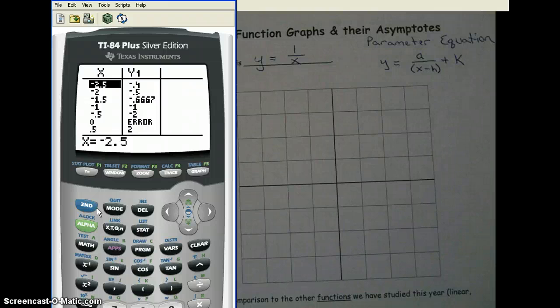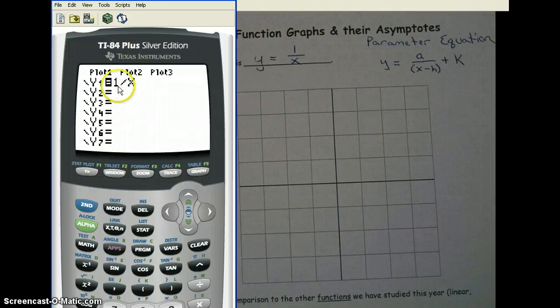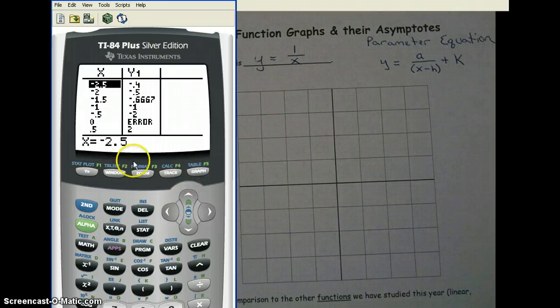Alright, notice in our table that, first of all, here's our equation, 1 over x. If you go to your table, notice that when x is 0, we have an error. Let's take a look at the graph now.